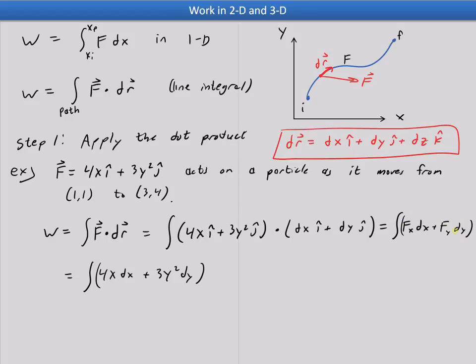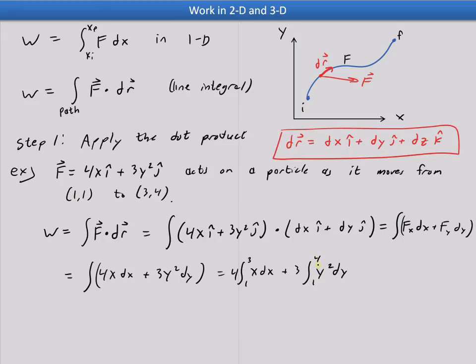In other words, it's just a shorthand for breaking it up into its components. See, that's not so bad. In fact, we can write this now as two different integrals. We have one that's 4 times the integral of x dx, where x goes from 1 to 3, and then we'll add that to 3 times the integral of y squared dy, where y goes from 1 to 4.